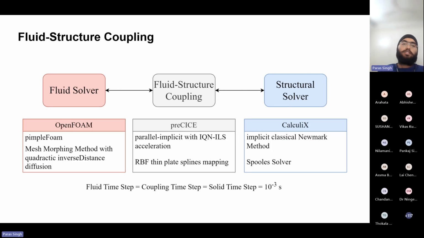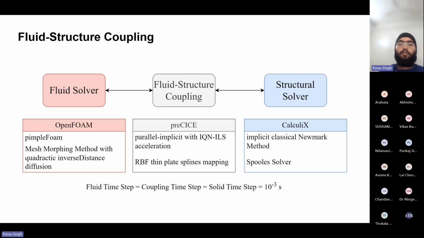Now, this slide presents the main fluid-structure coupling framework that we have used. For the fluid solver, we have used OpenFOAM, which utilizes the pimpleFoam solver, and the mesh morphing is done using the quadratic inverse distance diffusion method. This method was selected based on the mesh geometry created after the deformation, and it provided the best possible deformation of the mesh without errors like the negative cell volume error.